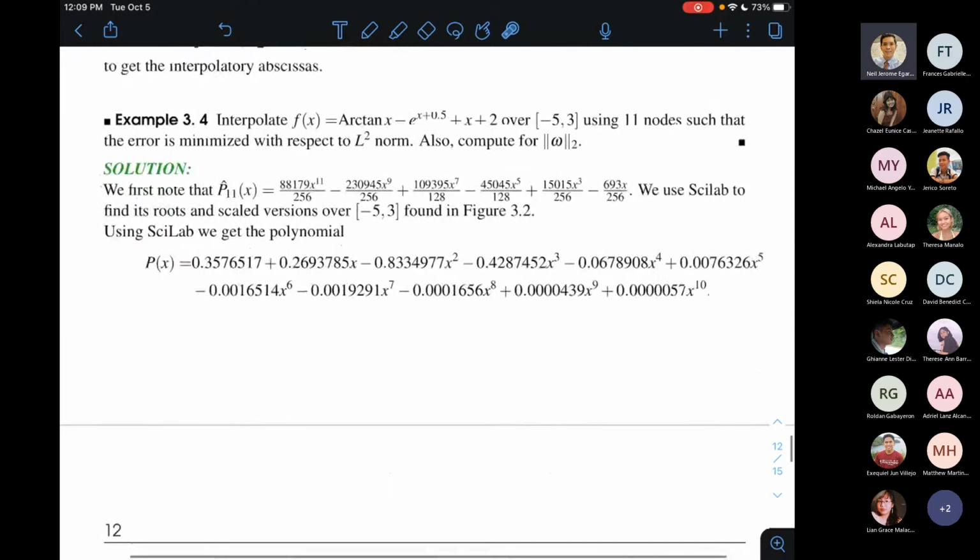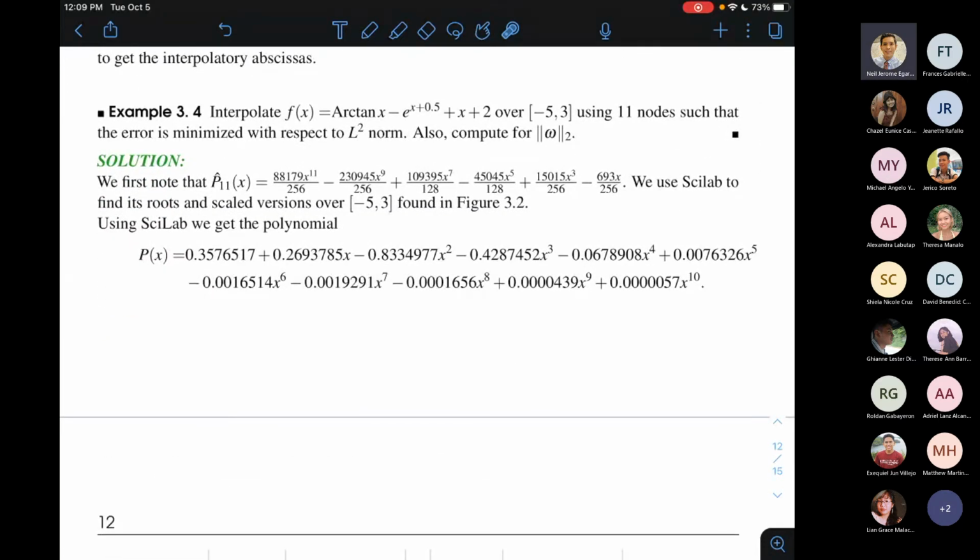Now let's look at an example. Hopefully matapos natin tong example, 3.4, wherein we consider the same function as what we considered last week, arctangent of x minus e to the x plus 0.5 plus x plus 2. But this time, the interpolation is to be done over negative 5 to 3 using 11 nodes such that the error is minimized with respect to the L2 norm. Okay? So minsan ganito ko itatago yung instruction.